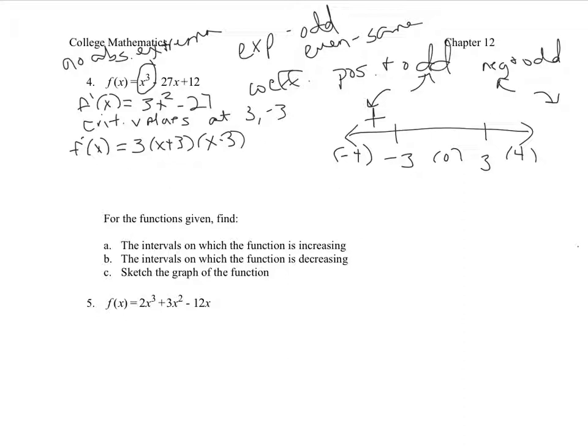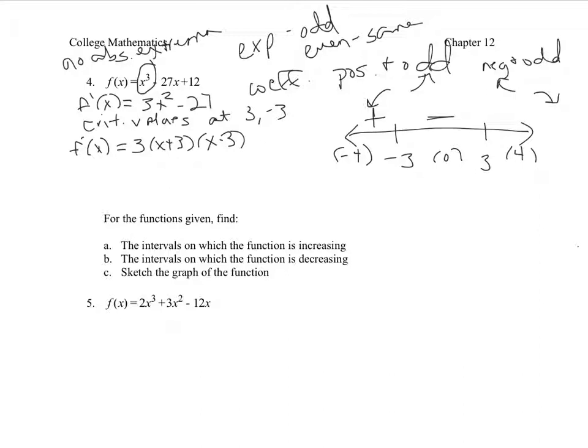Now, if we look at 0, that's easier to figure out. Again, positive 3 is a positive number. It never changes the sign of anything to multiply by a positive. If I put 0 in the first parentheses, 0 plus 3 is a positive number. What's 0 minus 3? A negative. What's a positive times a negative? Aha.